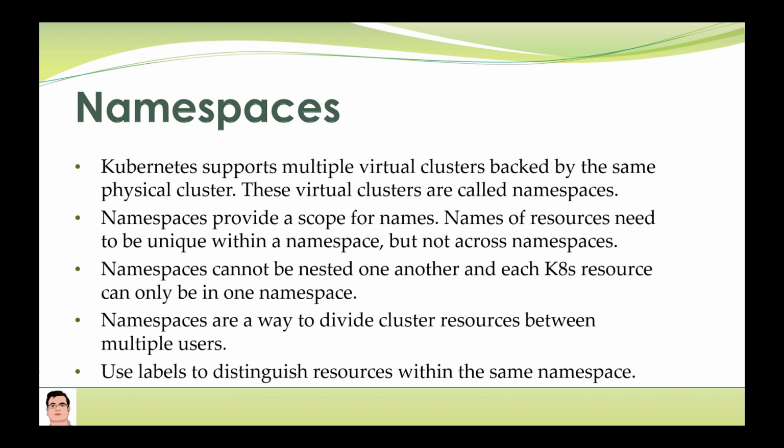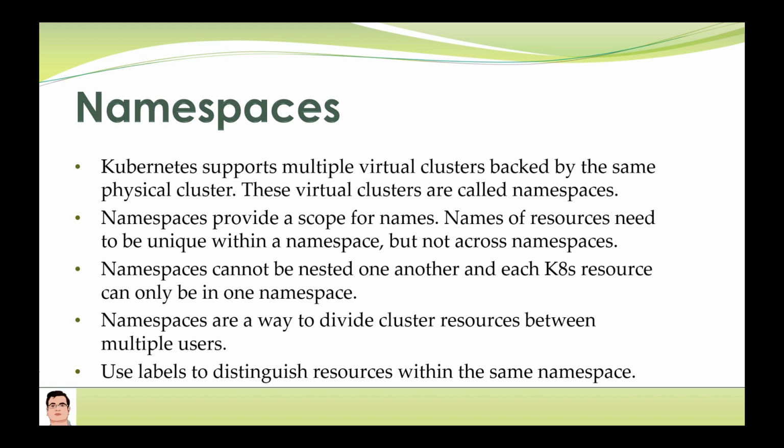For the development environment, you have a different namespace and different objects. In this way you can split the environment using the same physical cluster of Kubernetes. These virtual clusters are called namespaces.